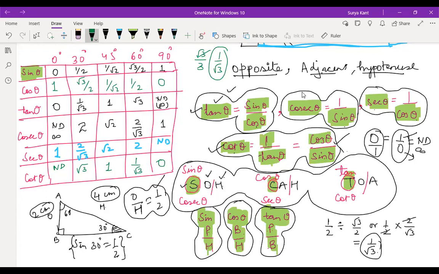Sec theta is the reciprocal of cos, and cot theta is the reciprocal of tan, and we can write cos theta by sec theta also. And we can remember the ratios in the form of soh kah toa, or you can remember Pandit Badri Prasad, Har Har Bhole, Sona Chandi Tole. Whichever you want to remember, you can do that.